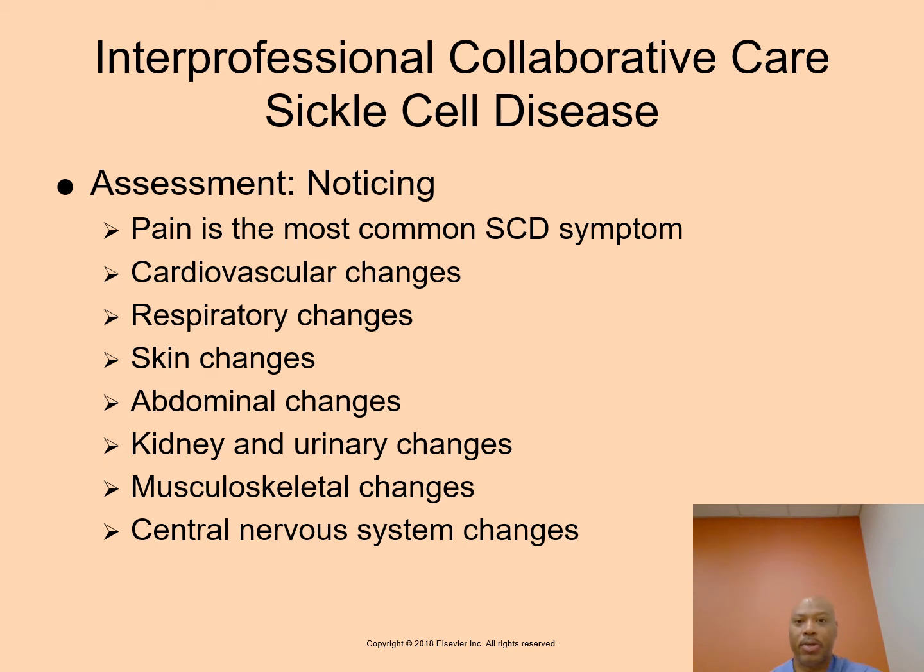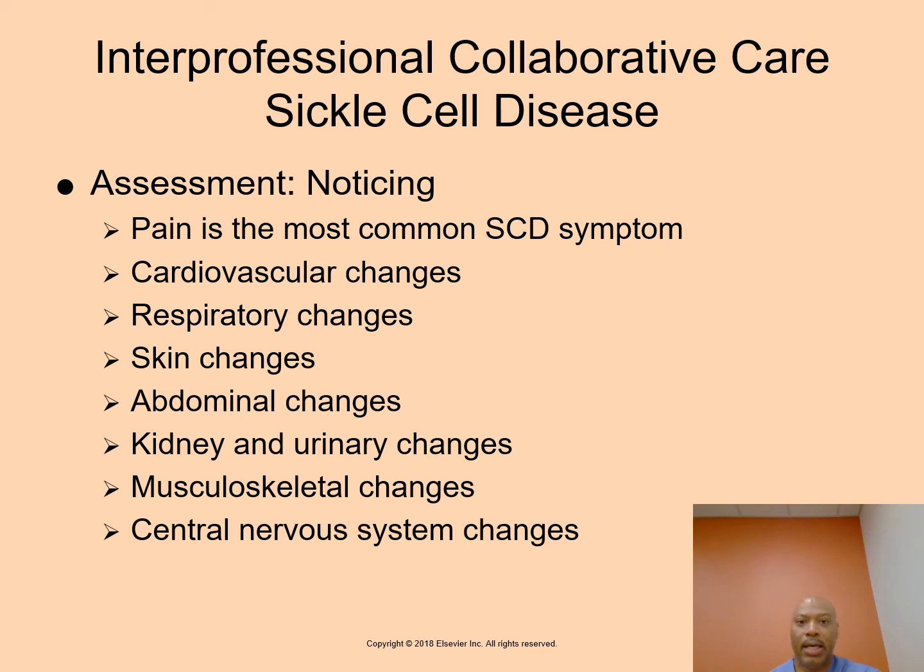There are also respiratory changes. These patients typically have pulmonary hypertension. They are at risk for pneumonia. So these patients will need a pulmonary function test to assess the severity of this disease on their pulmonary system.